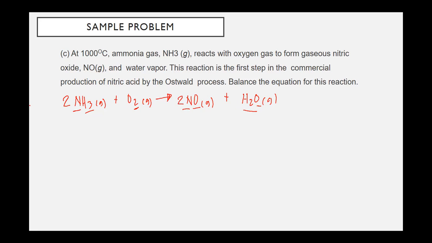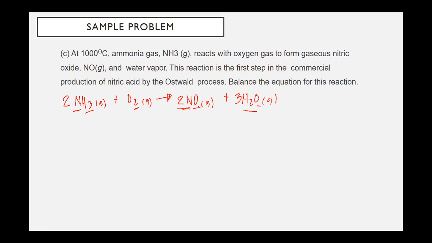So we have here 2N. We have here 2N. So our H naman, 2 times 3 is equal to 6. Ibig sabihin ito, pwede natin lagyan ng coefficient na 3. So para 3 times 2, meron tayong 6 hydrogen atoms. So let's check naman our oxygen.